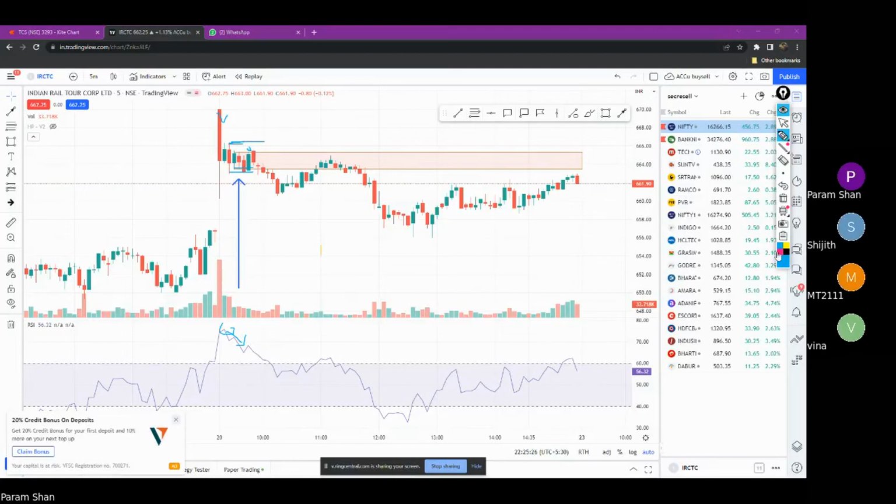Let me zoom out. Volume is there, right? This one. Where is the volume here? See, this is a volume. Look at the green one. How much? 25.49, right? Okay, 27.22.